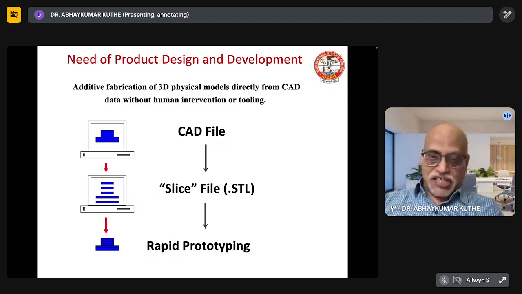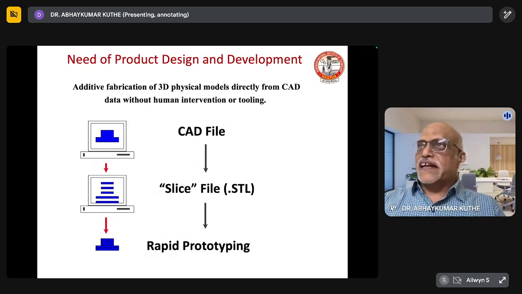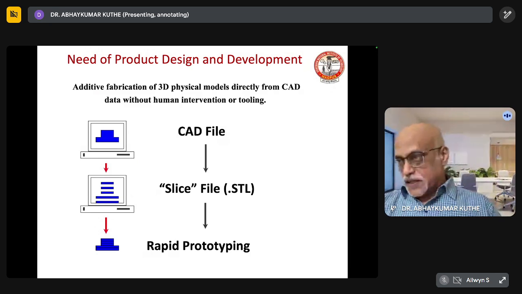So this is in general, and what is important here is why there is a need for additive manufacturing, why there is a need for such things to happen. This is because we want more and more products to be developed, more and more innovative products. And as they say, the survival of the industry is only because of new products in the field.